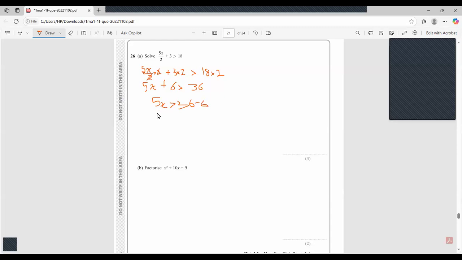I'm now left with 5x greater than 30, right? What do you think we'll do next? Divide 30 by 5. Yes, divide both sides by 5. So that's going to take this guy out, 5, 5, and divide here by 5.